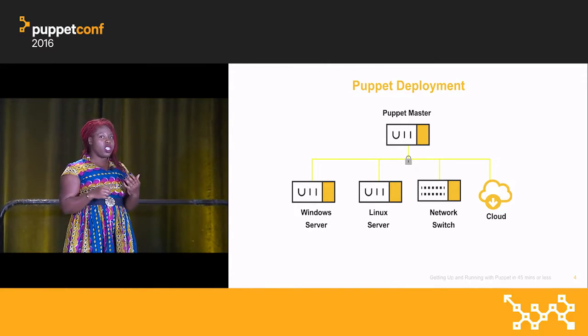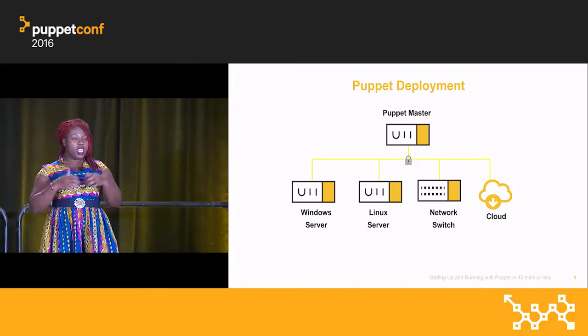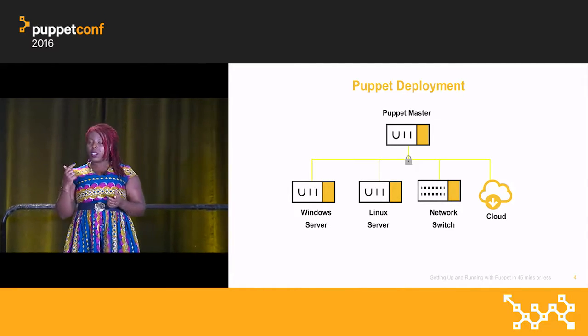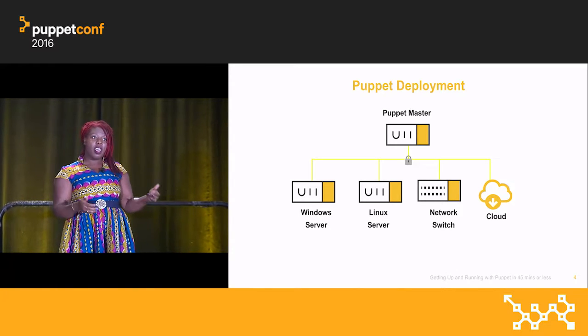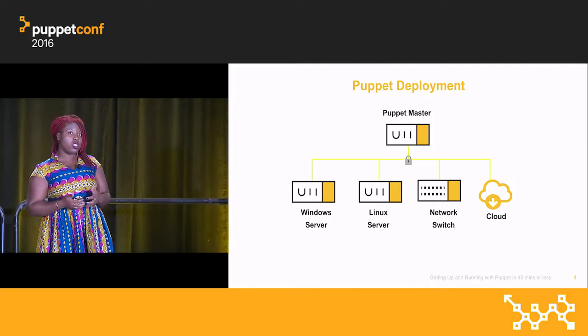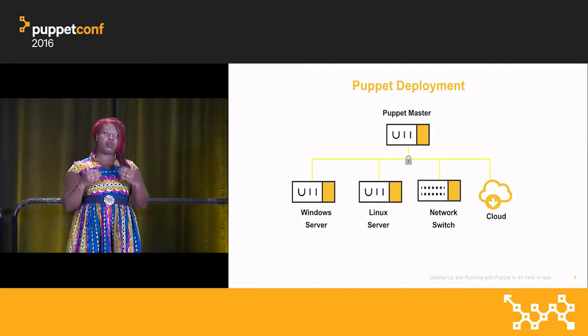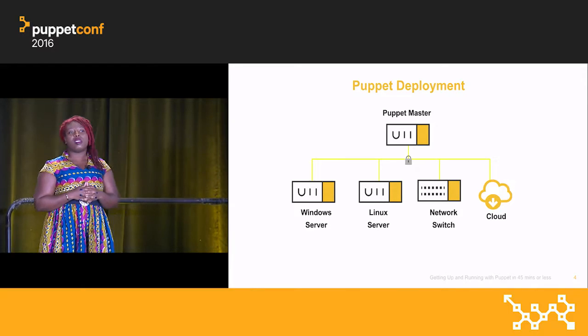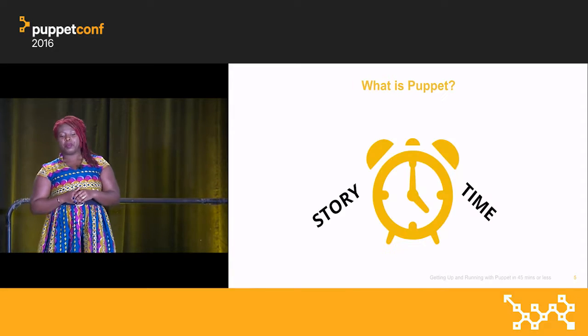We've got a Windows machine, we've got a Linux machine, or anything in the Nix distros is also compatible with Puppet, as well as a network switch, and then a cloud. And the cloud is representing not just cloud technologies, but also container technologies. So with Puppet, you're able to actually manage all types of OSs with a singular master that is able to speak to any kind of operating system or tool that you might be using.